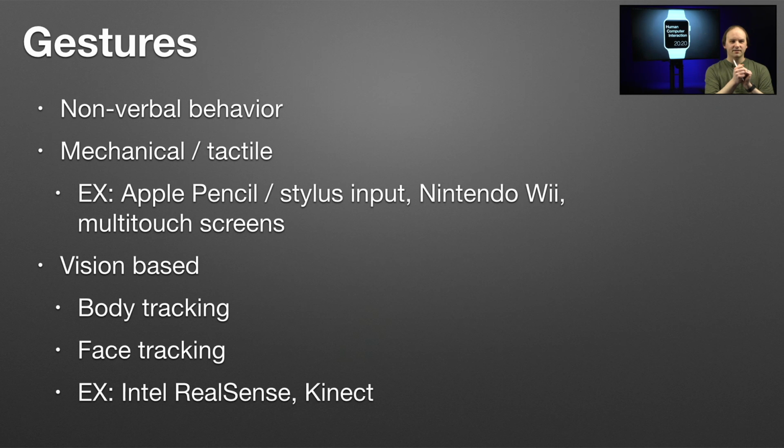On the other hand, we have sensors that might use vision approaches to see what a user's doing. So things like tracking a user's body pose, or looking specifically at the gesture they're making, where they're pointing, right?